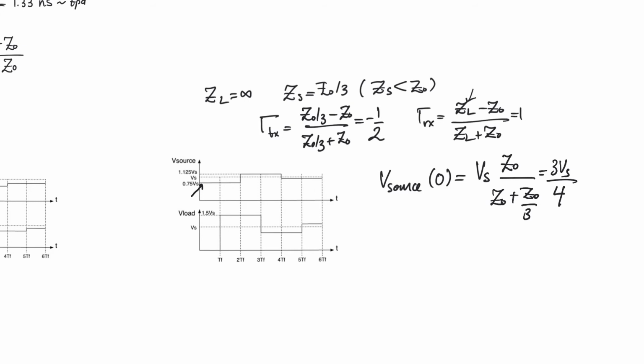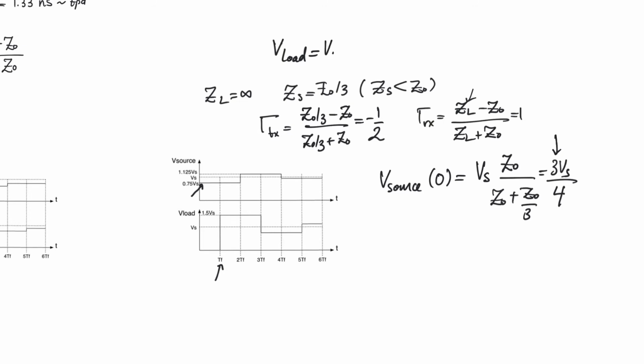Now, this is going to take a time of flight in order to reach the load. So the load observes zero voltage all the way up to 1 time of flight. But at the time of flight, what voltage does it observe? The load is going to observe a voltage equal to the voltage that is incident upon it, which is exactly this 3/4 of the V source.